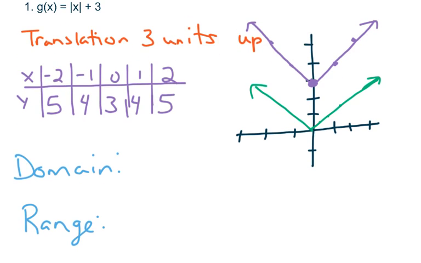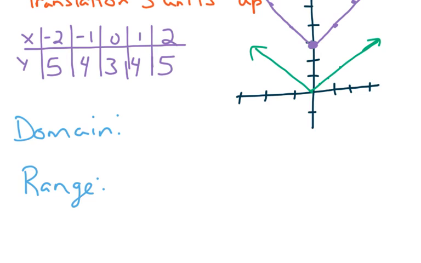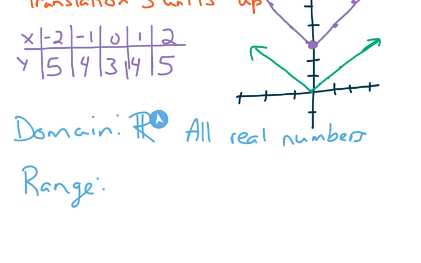And that's going to be true for every absolute value function. So every time we're working with absolute value functions and it asks for the domain, the answer is going to be all real numbers. I'll write it out: all real numbers. The shorthand is a capital R with a vertical line through it.